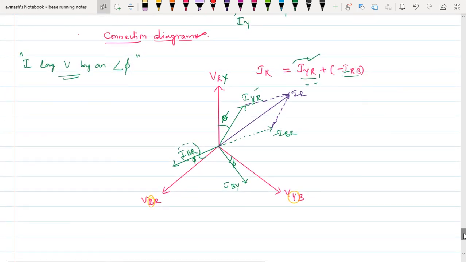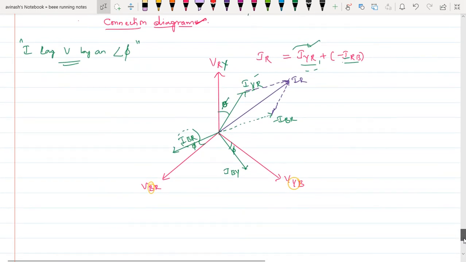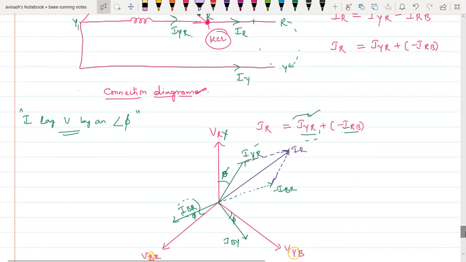If we find this at R, you can also find the value at Y. Apply KCL at Y. What do we get here?